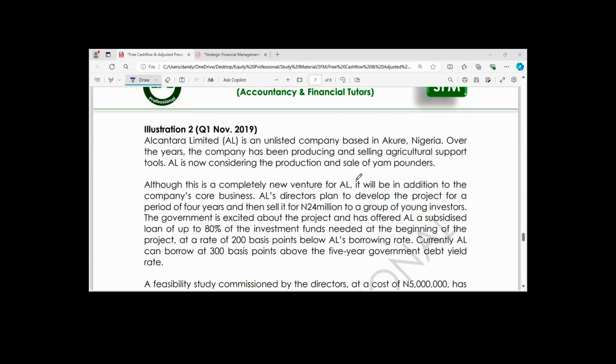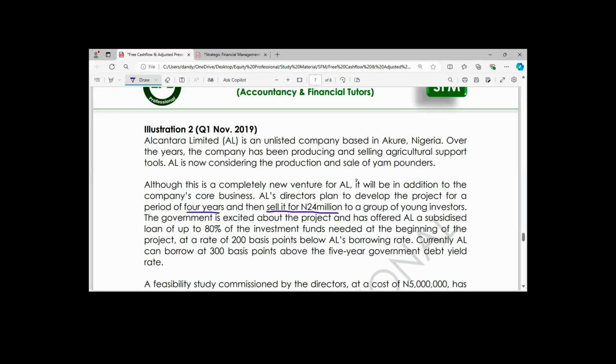Although this is a completely new venture for AL, it will be in addition to the company's core business. AL's director plans to develop the project for a period of 4 years and then sell it for 24 million to a group of young investors.